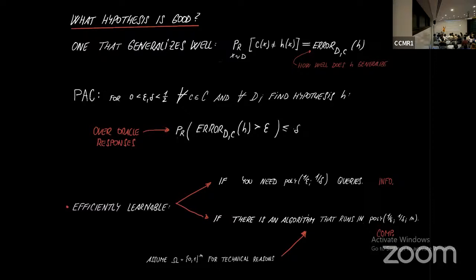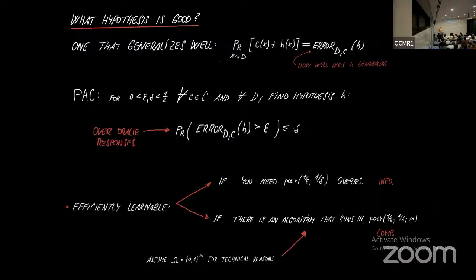So what does it mean within this framework to learn a problem? Well, that's formulated in the notion of probably approximately correct learning. For any epsilon and delta between 0 and 1/2, for every C in your concept class, and you know what the concept class is here, and for any D, you aim to find a hypothesis H such that the probability of the error being greater than epsilon is upper bounded by delta.